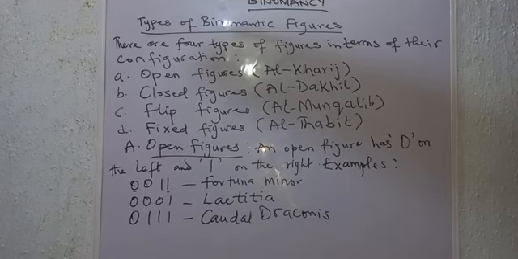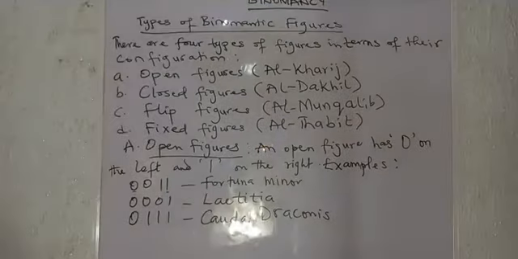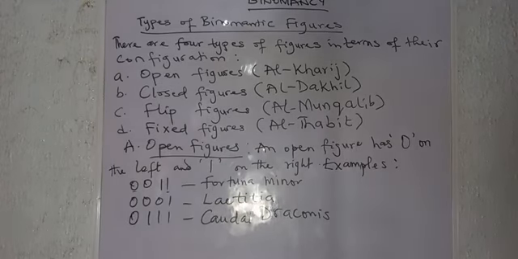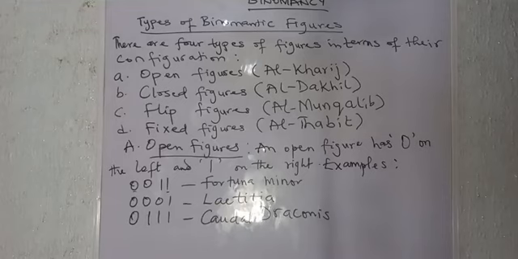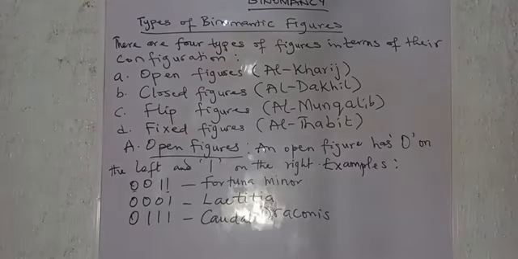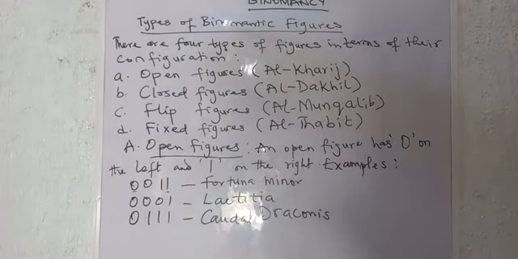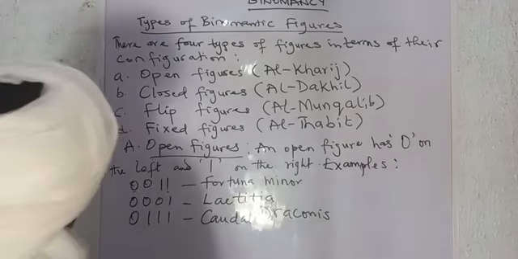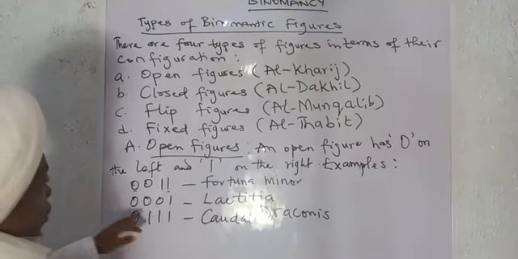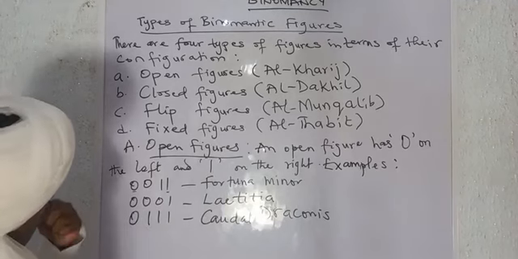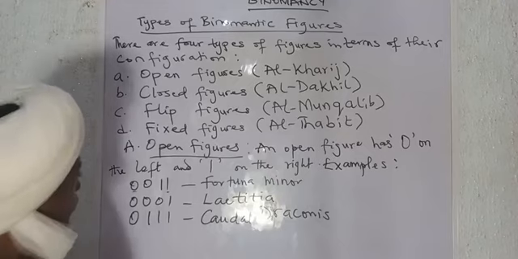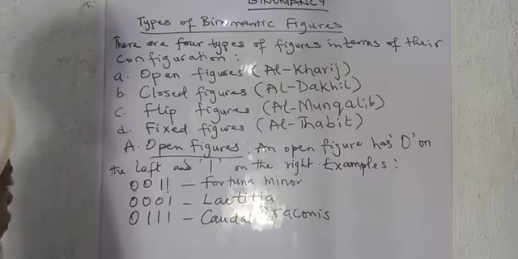Yes, I'm waiting to see more examples. We have 3 already: Fortuna Minor, Laetitia, Cauda Draconis, and is that all the open figures we have?